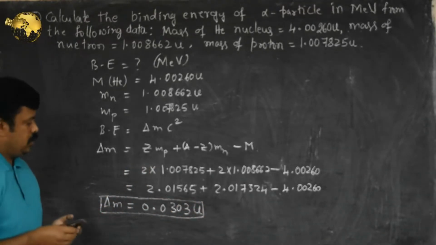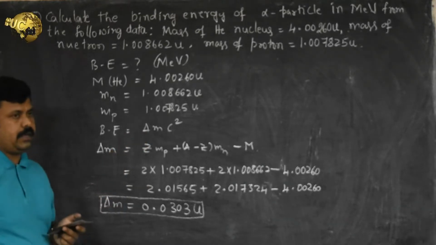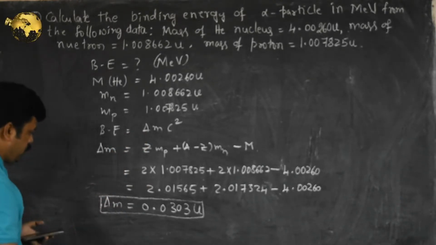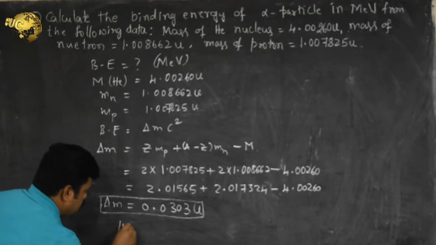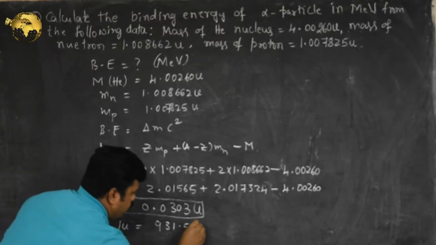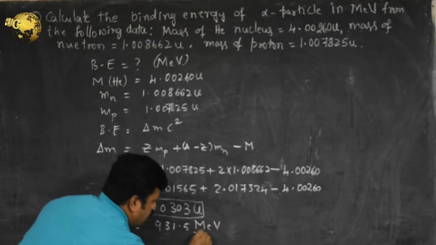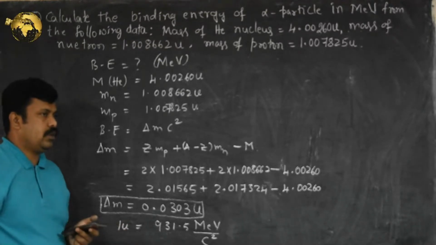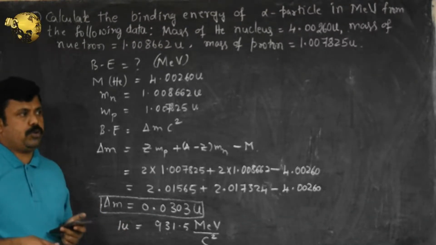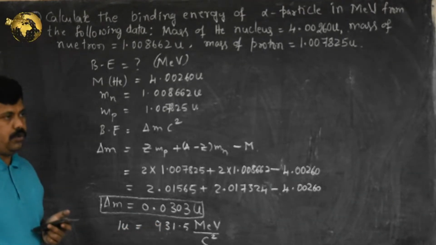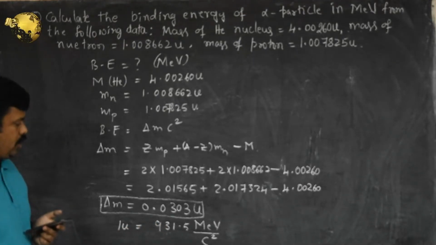Okay. So let's find the binding energy, delta M into C square. We must remember that 1 atomic mass unit is equal to 931.5 mega electron volt by C square. Many times in the same unit videos we have discussed this: 1 atomic mass unit in terms of mega electron volt.